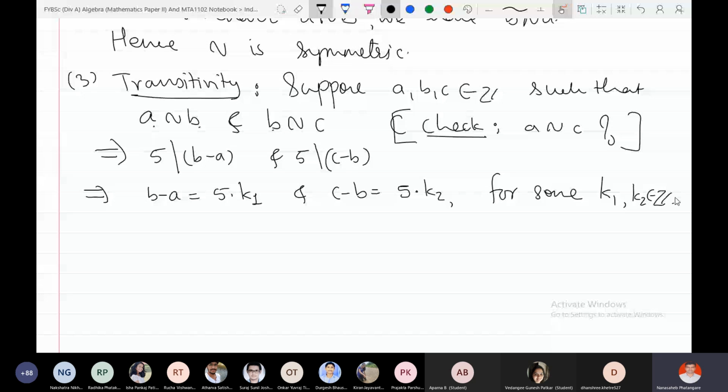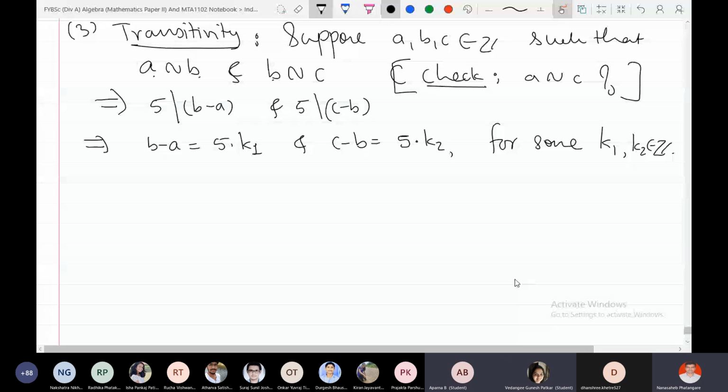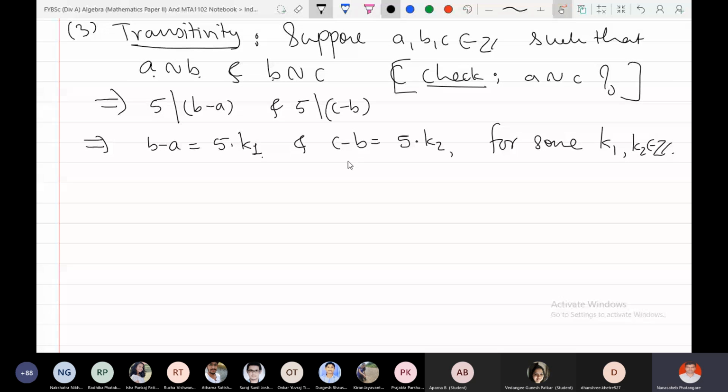Is it correct? Yes, sir. Now, what is the situation? b minus a is 5 times some integer, and c minus b is also 5 times some other integer. May not be the same. Very good.